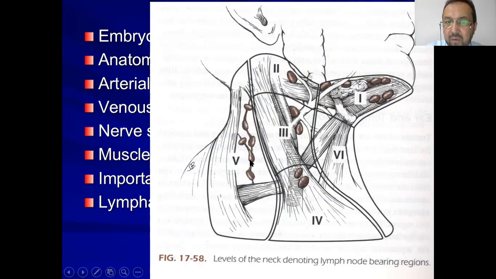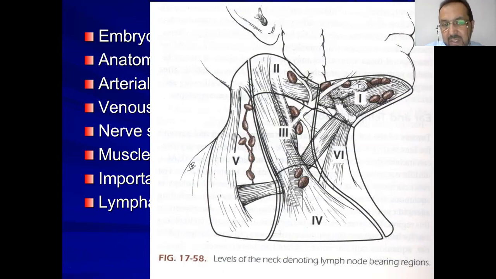And then level 5, and of course, level 2 extends from the skull base to the hyoid bone, level 3 from the hyoid bone to the cricoid cartilage, and level 4 from the cricoid cartilage to the clavicle. Level 5 are the lymph nodes that are present in the posterior triangle, and level 6 are the visceral or central group of lymph nodes that are present in between the midline anteriorly, the carotid sheath laterally, the hyoid bone superiorly, and the suprasternal notch inferiorly.